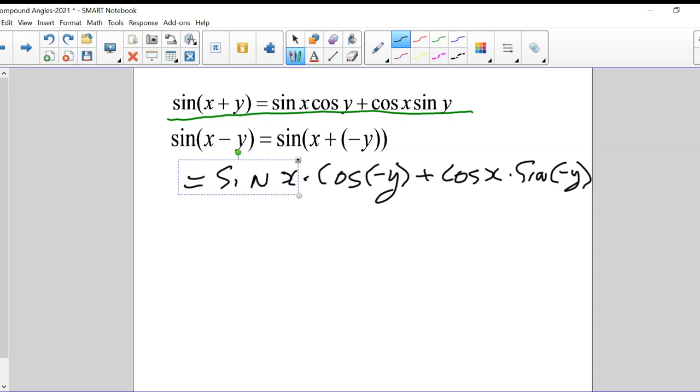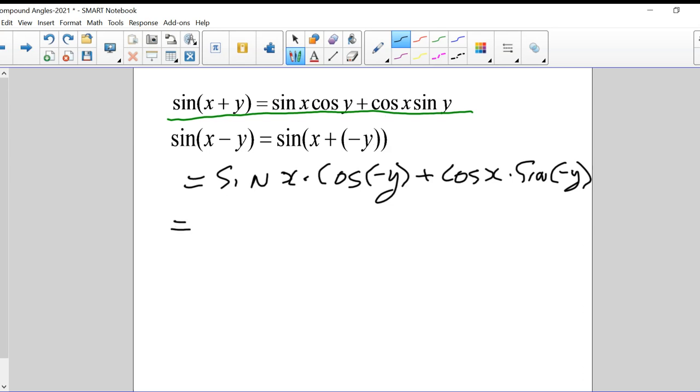All I'm doing is just following what the identity says. This is my x, this is my minus y. So according to this, the sine of x times the cosine of y, in this case it's minus y, plus the cosine of x times the sine of the minus y. Again, just following this exactly as it says.